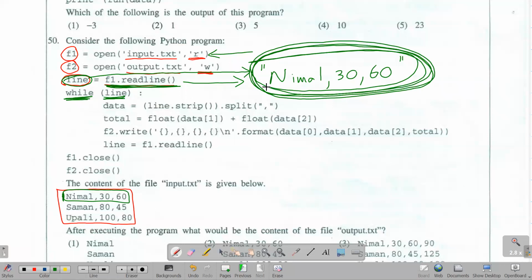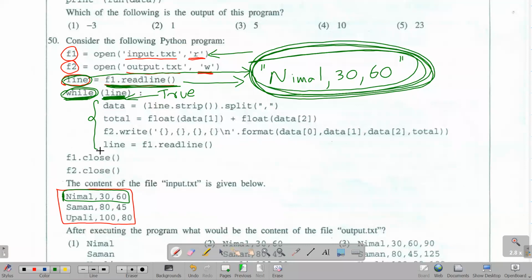So the while structure will consider the value of this line, since it is holding a string, as true. That means these things are going to happen now.